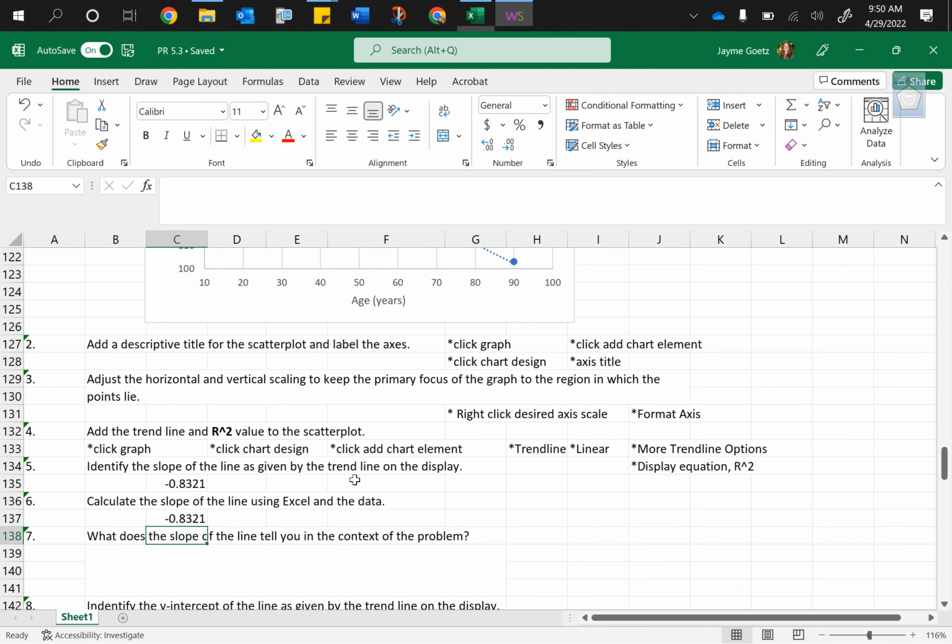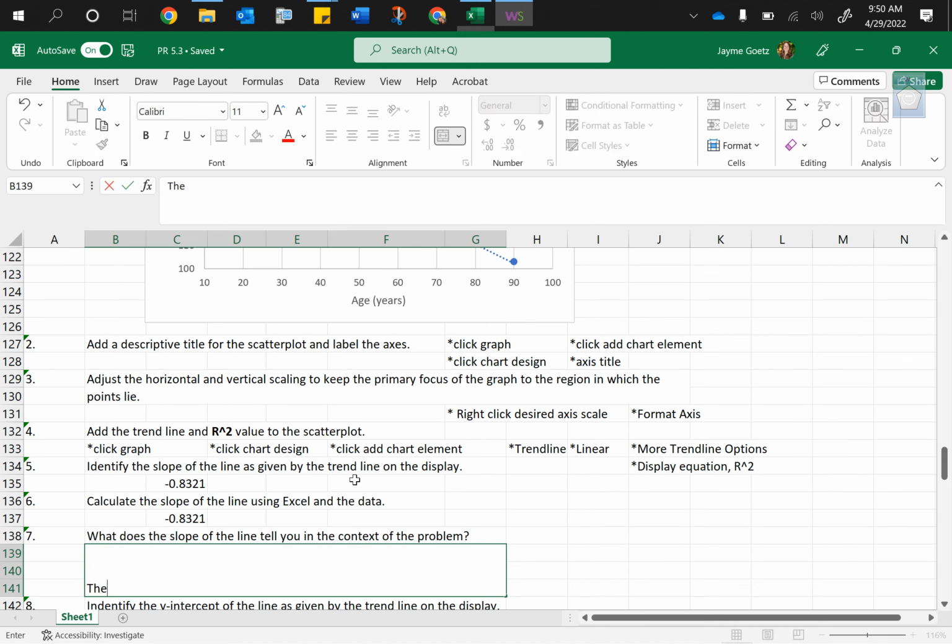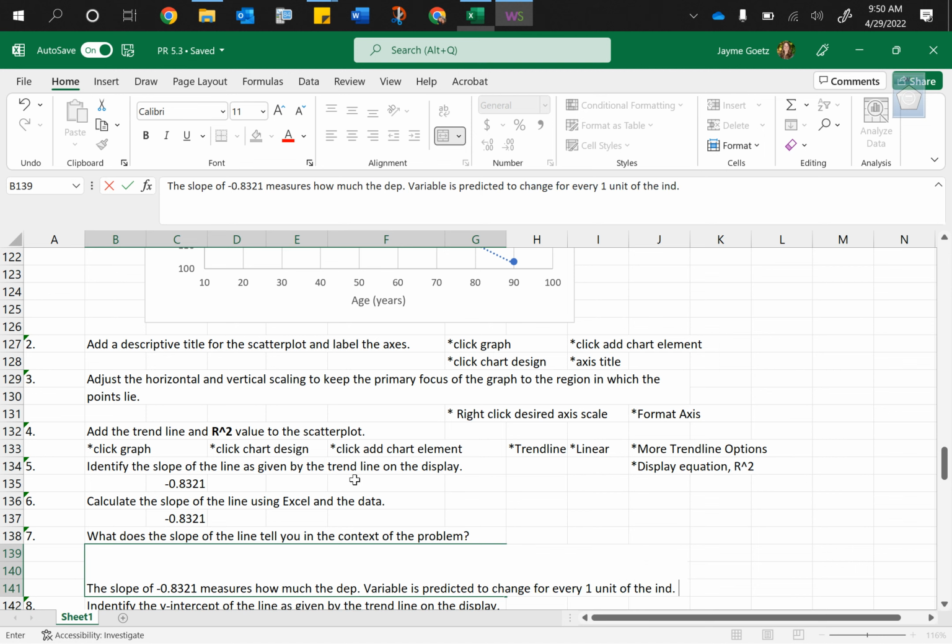Okay? Now, number 7 says, what does the slope of the line tell you in context of the problem? So here's what that means. The slope of negative 0.8321 measures how much the dependent variable is predicted to change for every 1 unit of the independent variable.